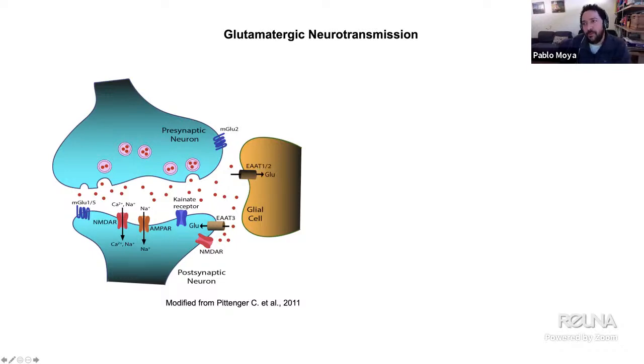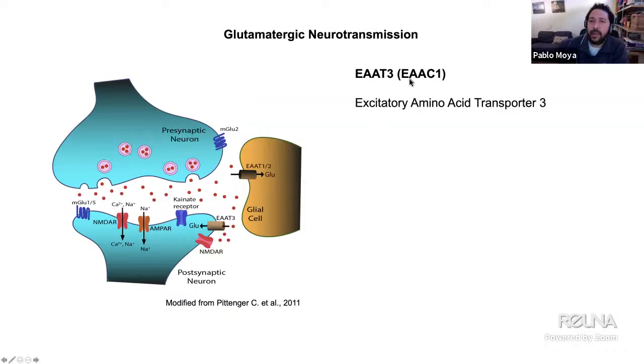However, there is a lesser considered participant, the transporter of this talk, which is EAAT3, also known as excitatory amino acid carrier 1 in another nomenclature.